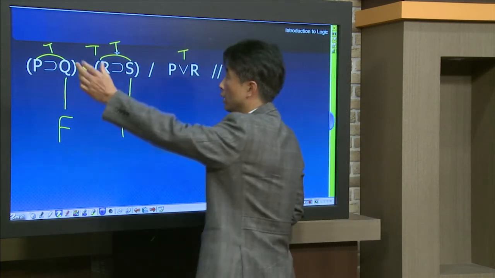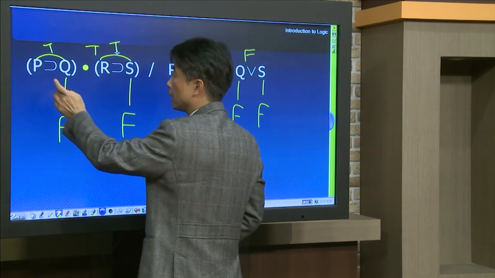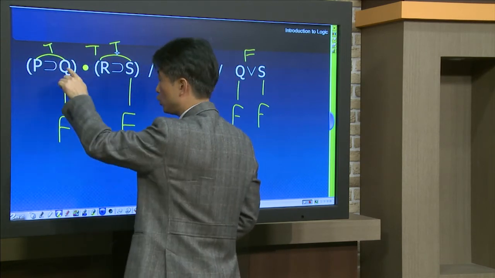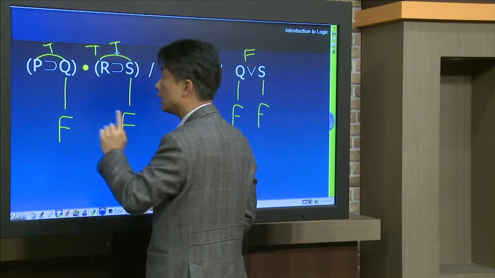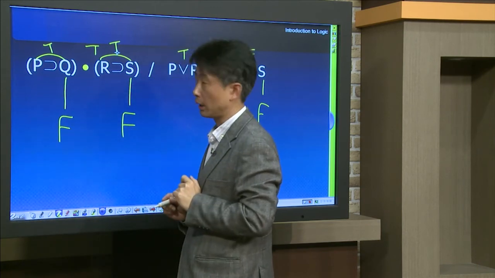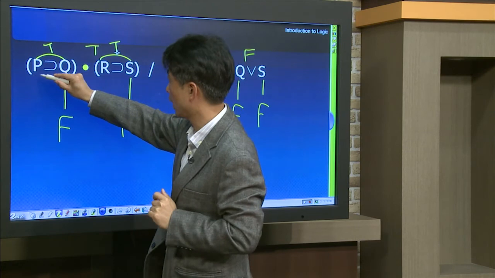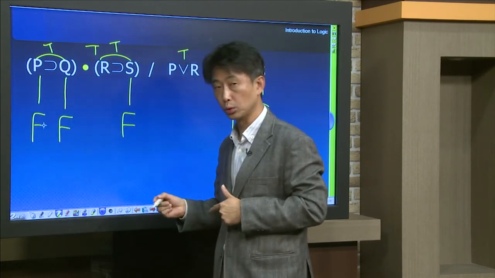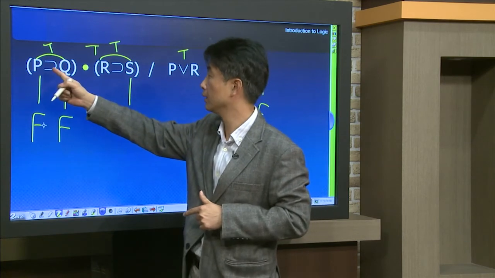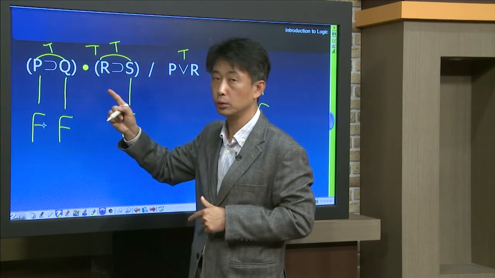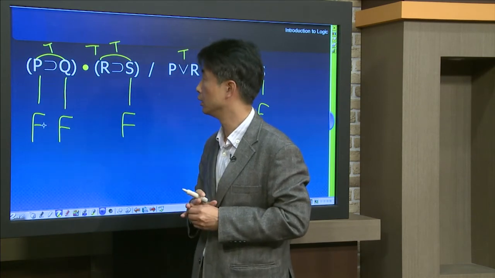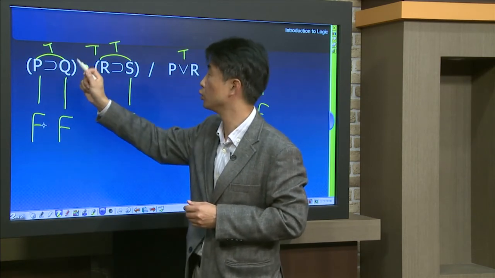Now, if I'm going to make P then Q true, given that Q is F, there is only one way I can do that. That is, P has to be false. If P is true, I cannot make P then Q true, given that Q is false. Because if P is true, then P then Q would be false.